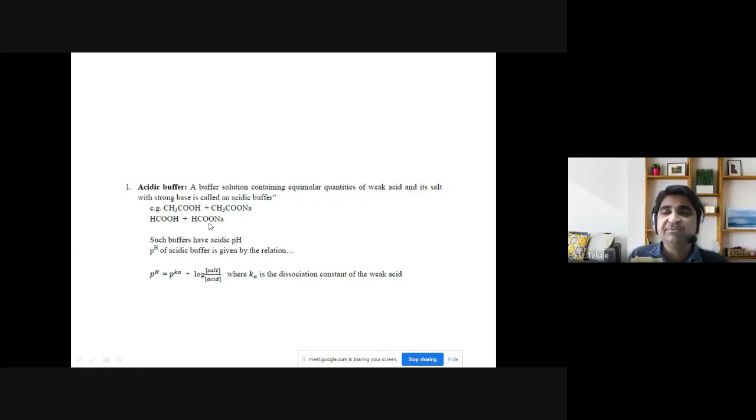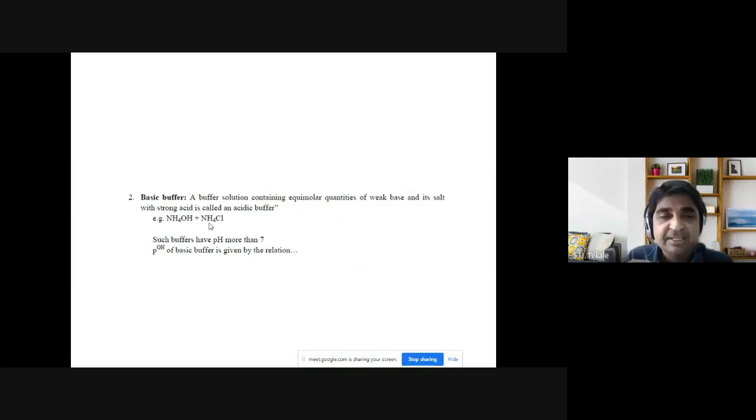In an acidic buffer, the weak electrolyte is a weak acid. In a basic buffer, the weak electrolyte is a weak base.